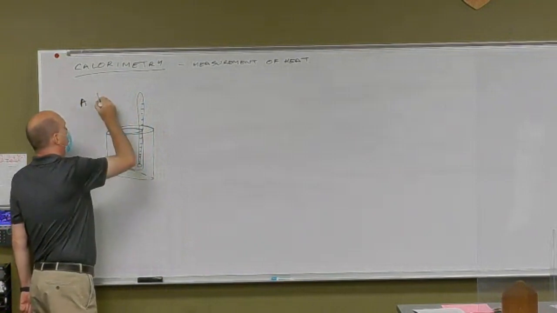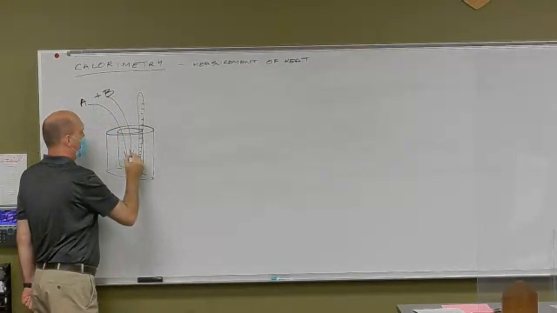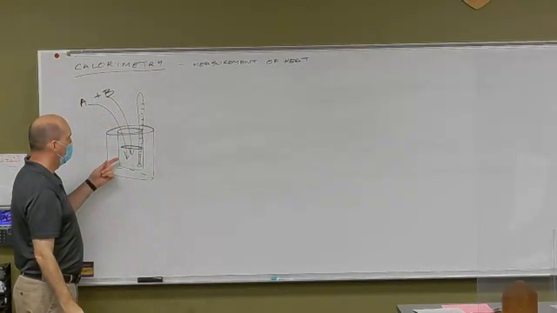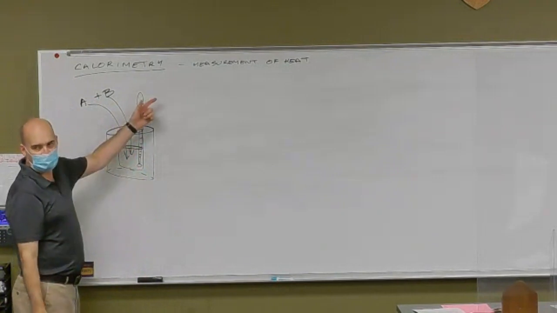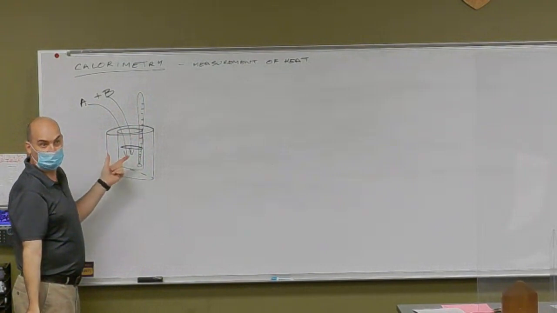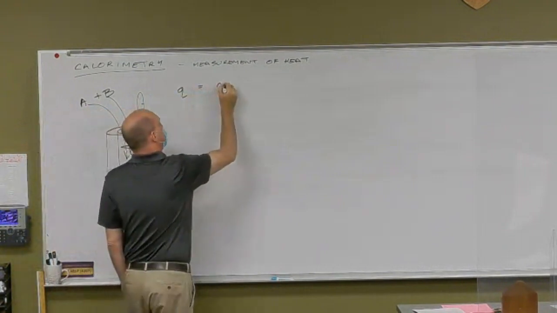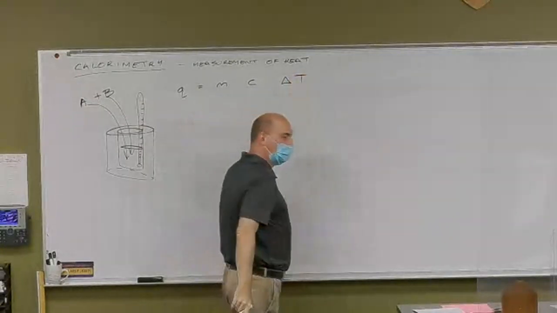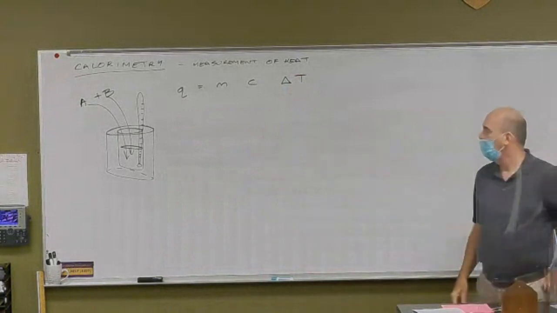So I take some A and I take some B, and I put them both into this insulated vessel. And then I measure how much heat is either taken in or given out. And it follows this equation.